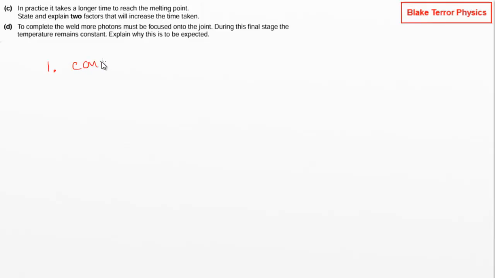So we can say conduction of energy out of the shaded zone. So at least we've said there that energy is being conducted out. We're given an actual method of energy transfer, and that will increase the time taken.